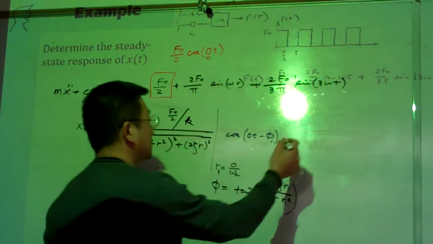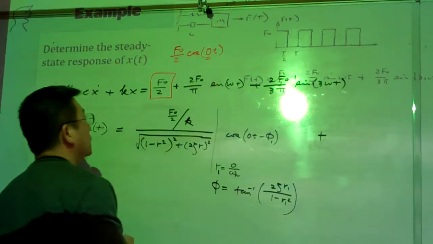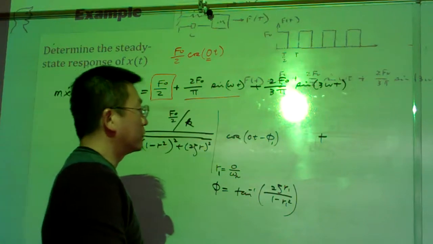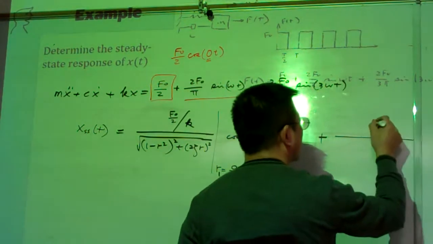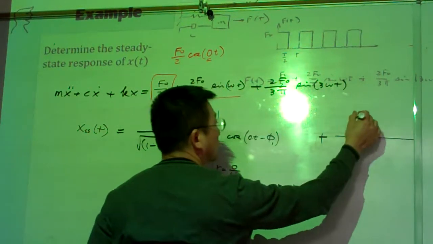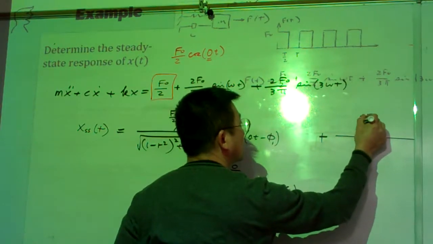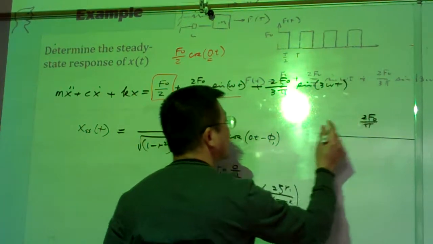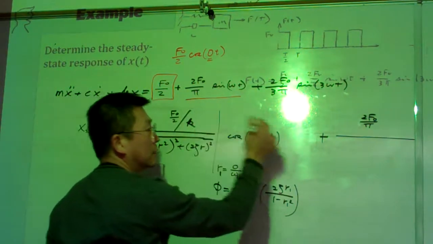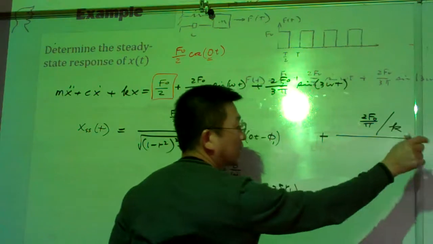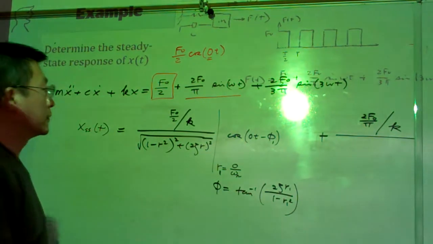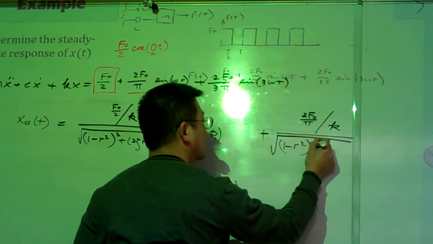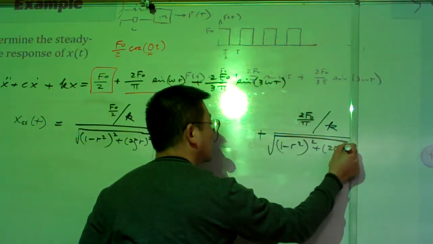Okay, repeat the same thing for the second term. The magnitude is 2F0 divided by pi, this is the magnitude of the force term, divided by the spring constant. Again, we copy from the template: 1 minus R squared plus 2 zeta R squared.